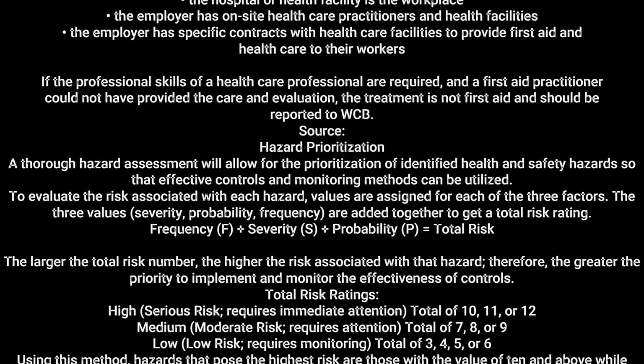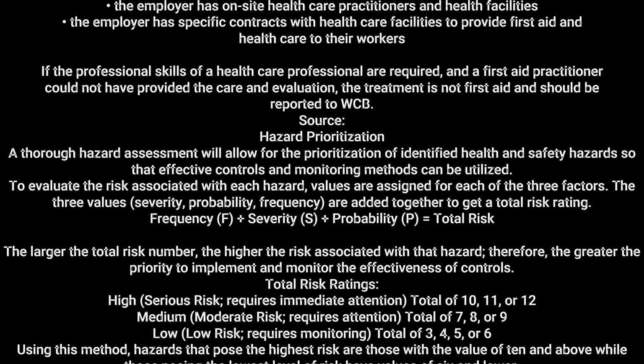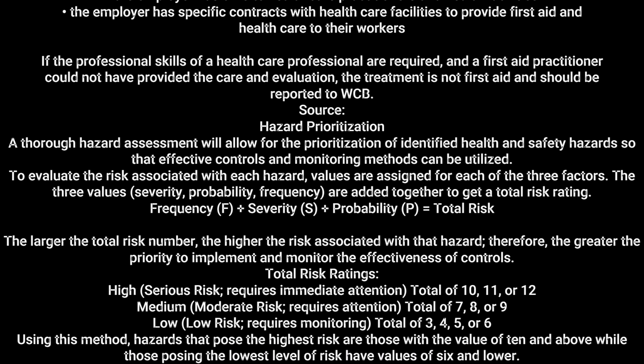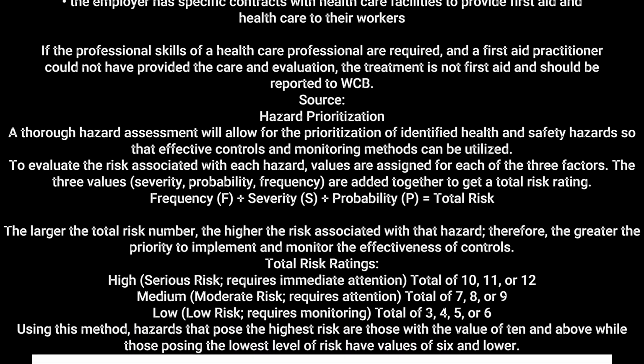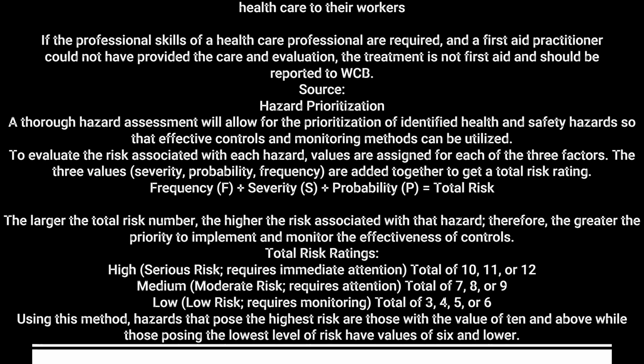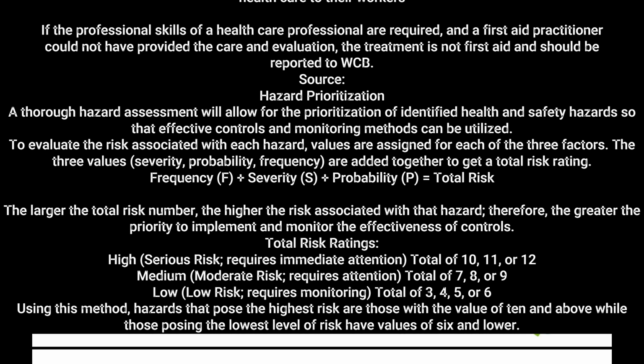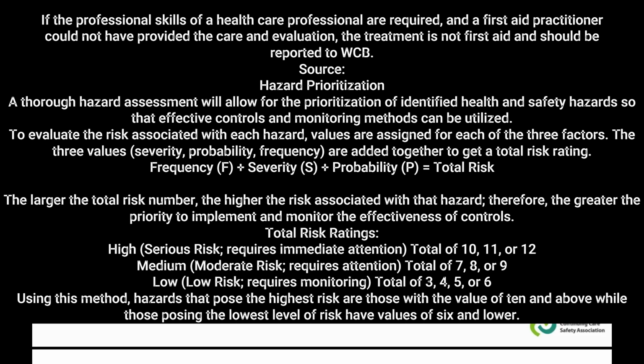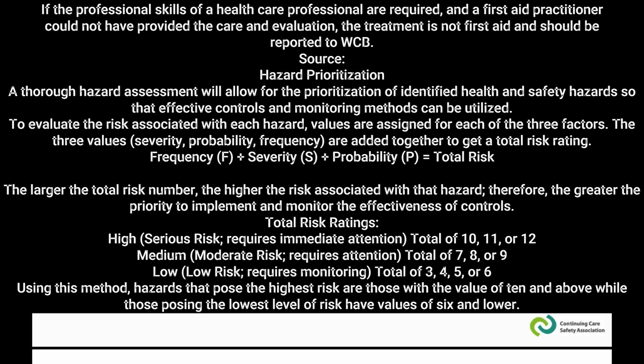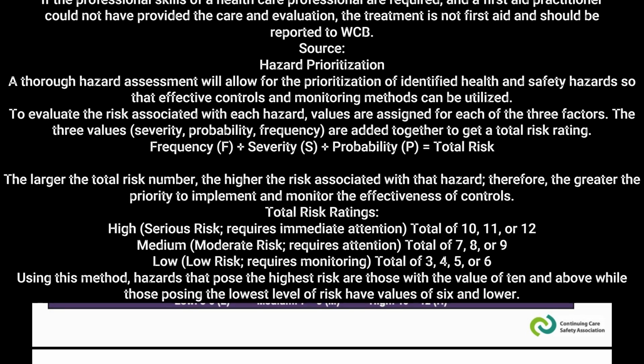Hazard prioritization. A thorough hazard assessment will allow for the prioritization of identified health and safety hazards so that effective controls and monitoring methods can be utilized. To evaluate the risk associated with each hazard, values are assigned for each of the three factors.